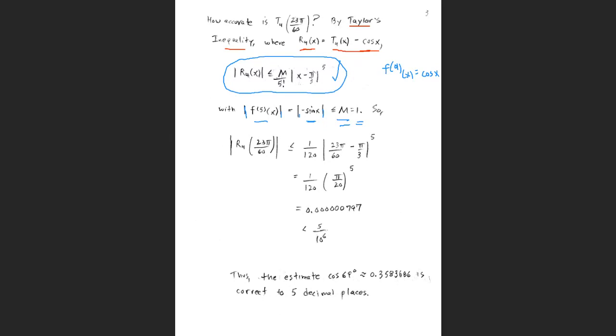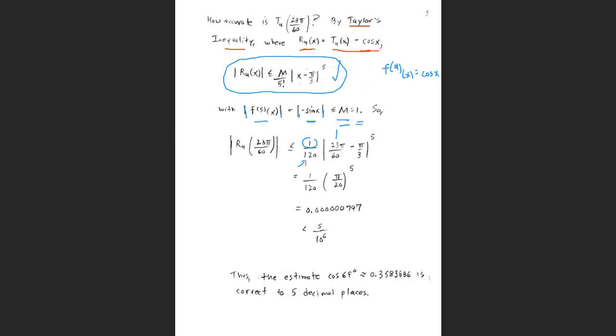If you recall back in section 5.9, when you did approximate integration and had to find the big K values for the error bounds, whenever you had a sine or a cosine involved, you would just replace that with a 1. So M equals 1. 5 factorial is 120.